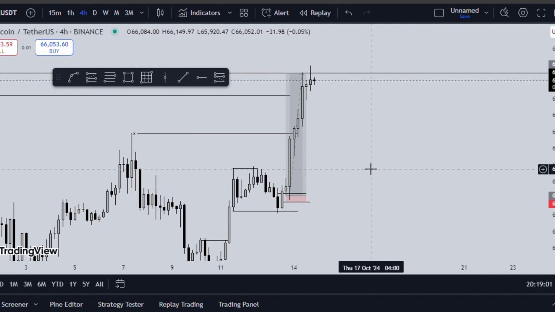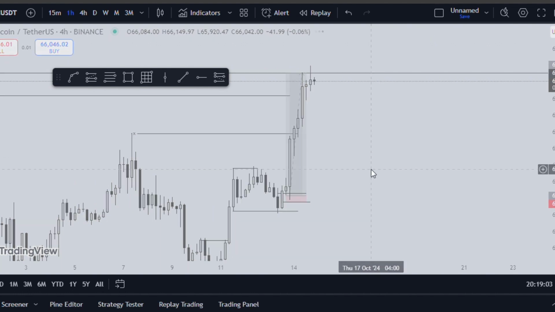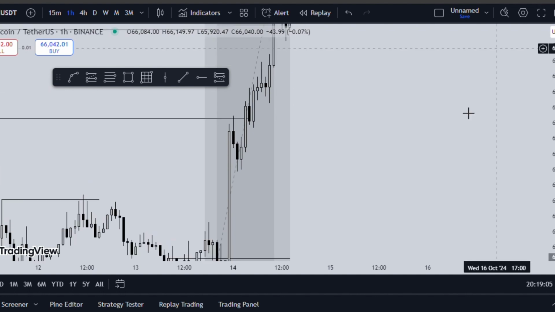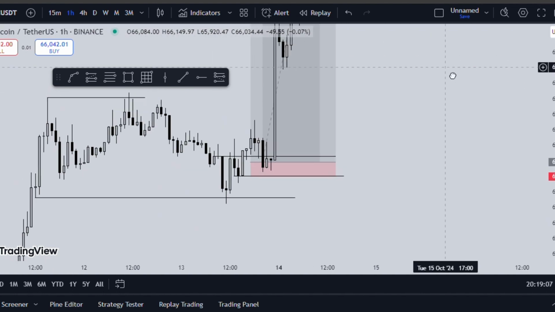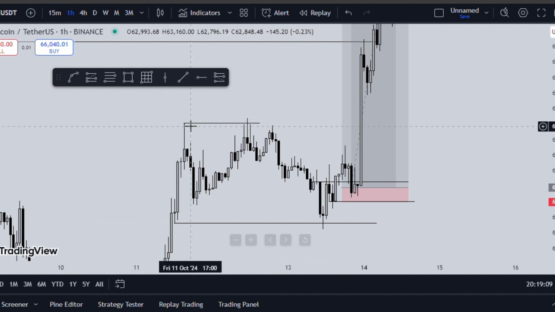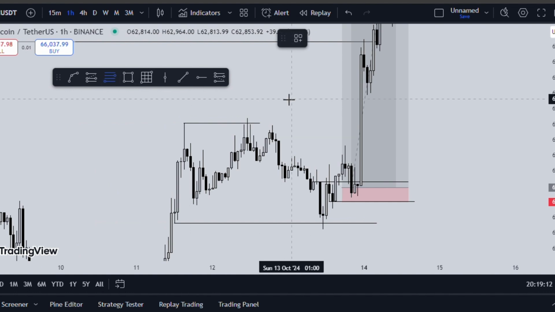And also, let me show you why I placed my SL where I placed it. I don't want it to be just because it wasn't below the 0.79. Let me draw there.